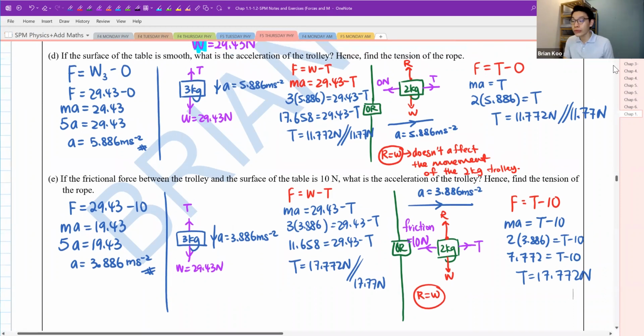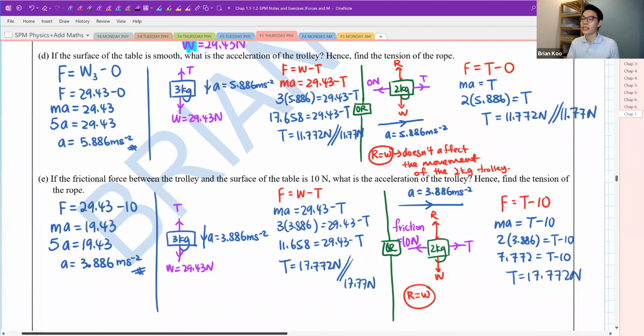Okay, if you need to, go ahead and rewatch the recording if you find that it's still very all over the place for you. But it's really just the whole system. Because looking at the whole system, I can't find the tension. Therefore, I have to split it up, one object, one object.